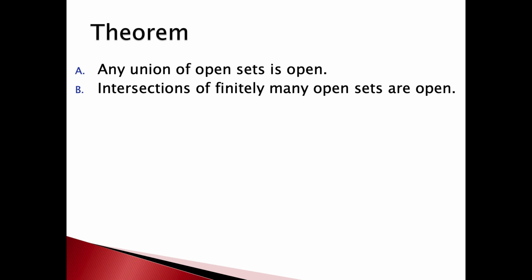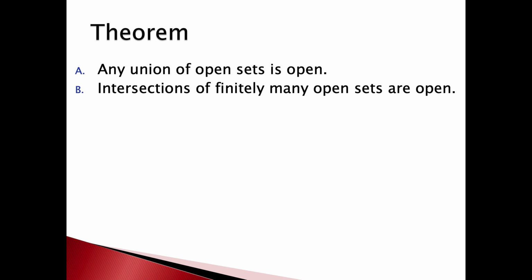Because the problem with intersections is if you have a point and he has a little epsilon neighborhood around him, and then you start taking intersections, well, the point may stay in the intersection, but those neighborhoods might not. And so if you get infinitely many of them, you may whittle away the neighborhood down to nothingness. But if you just have finitely many of them, then you can whittle the neighborhood down, say 7 or 8 times or 200 times, a finite number of them. There'll still be some neighborhood left.